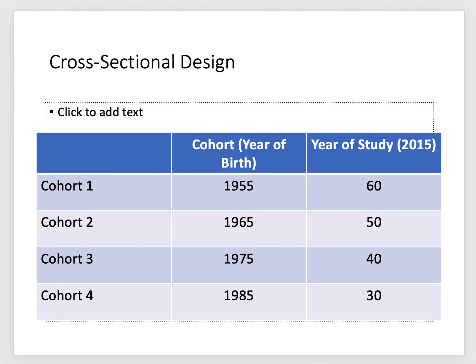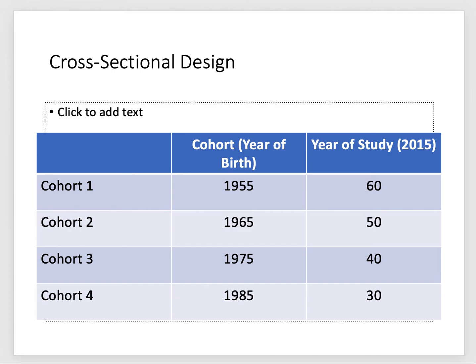I've broken down what I just explained into a table here. You would maybe get a sample of people who were 30, 40, 50, and 60, who were born at these different periods of time. What we're going to be able to say about their development is really limited based on these cohort effects.